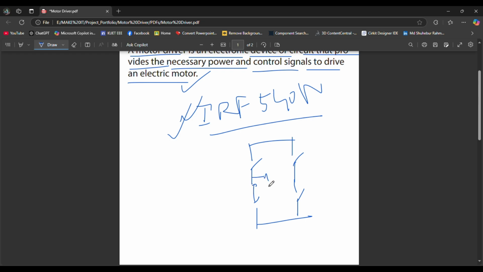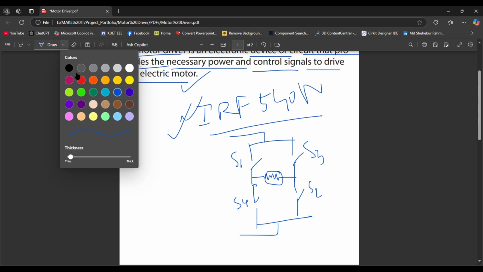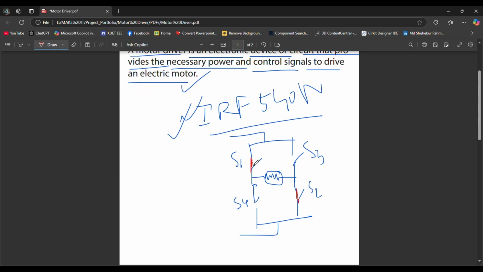That's it. And the load will be here, I mean the motor will be here, and I am naming the switches S1, S2, S3, and S4, simple. So look what happens when S1 and S2 are closed, that means the current will flow in this direction.